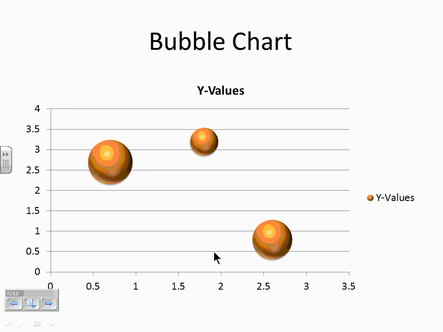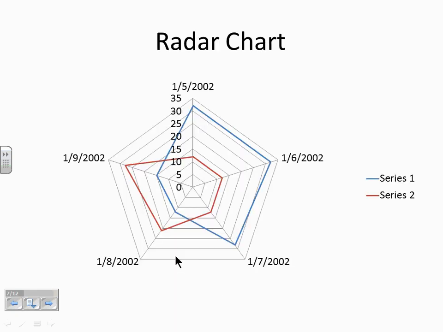A bubble chart is much like an XY scatter chart, but a third set of data indicates how large each of the dots or bubbles is on the chart. A radar chart can compare several sets of data in a manner that resembles a radar screen, with each set of data represented by a different color.